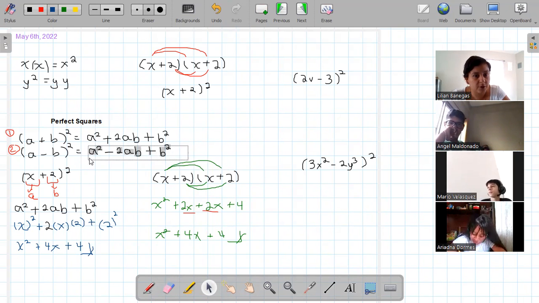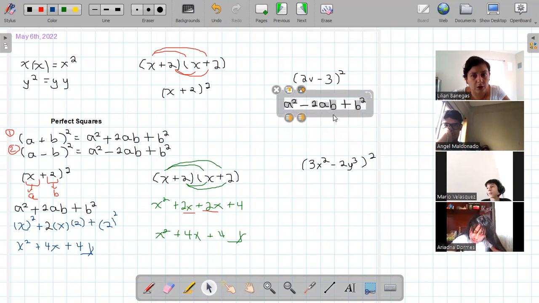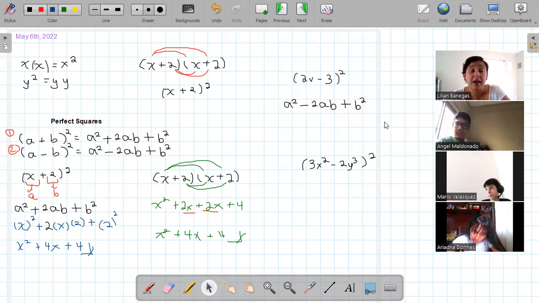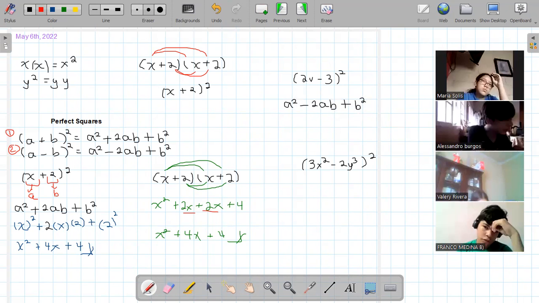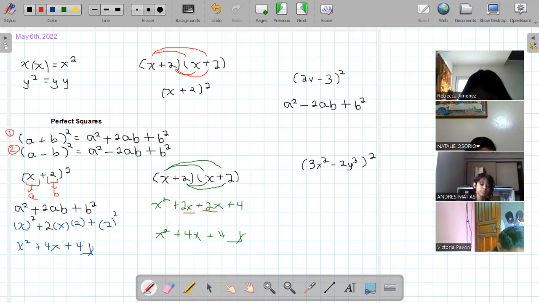Okay, I'm going to copy my formula 2. Copy it over here. And I'm going to identify A and B. Okay. What would be A in this exercise? 2v.